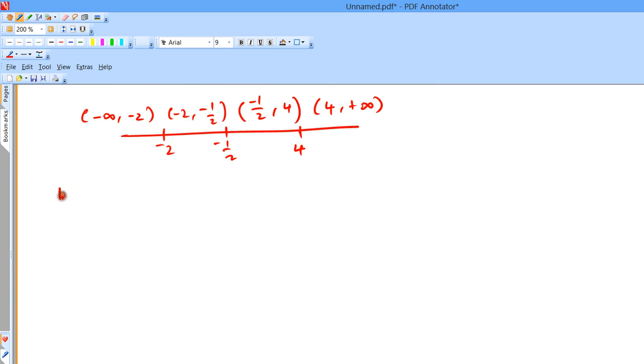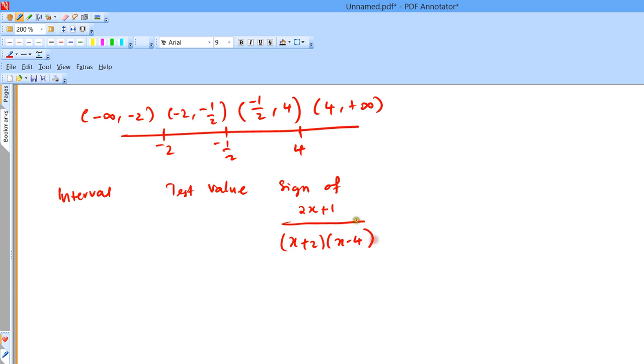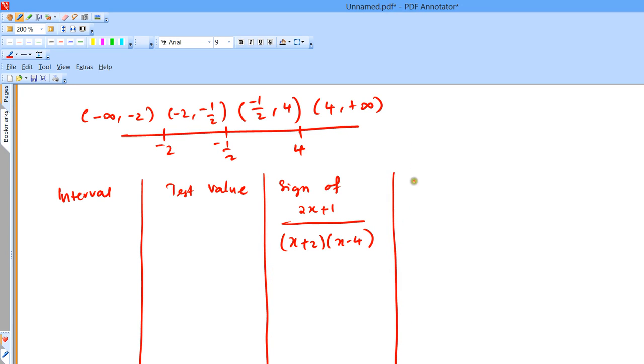Okay, next, from the table we have interval, test value, and then the sign of our expression (2x plus 1) over (x plus 2) times (x minus 4). And our inequality sign is less than or equal to 0.